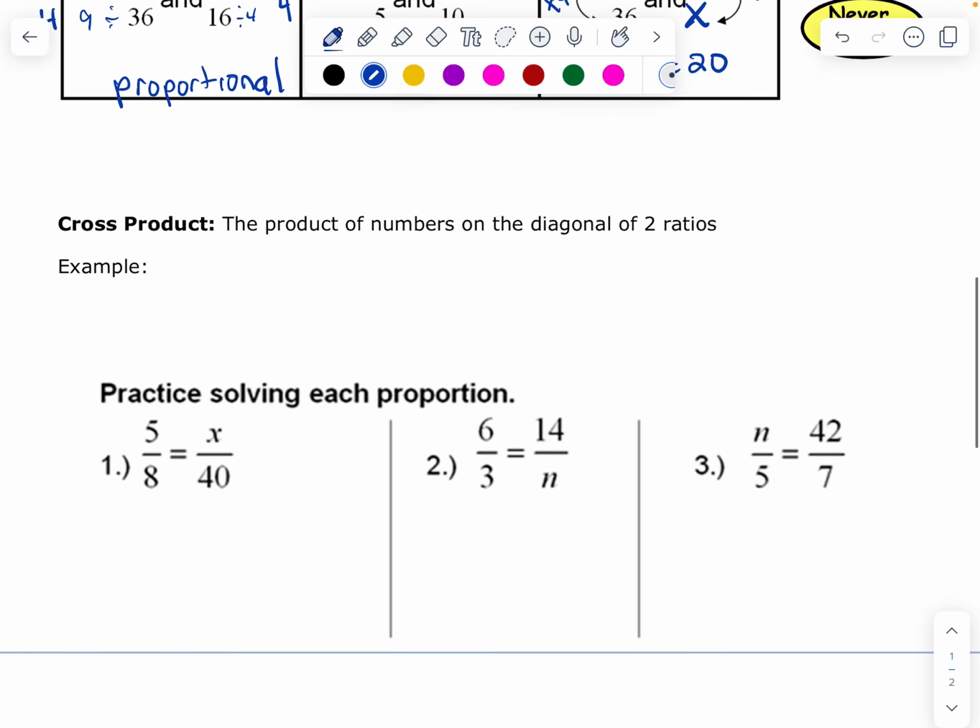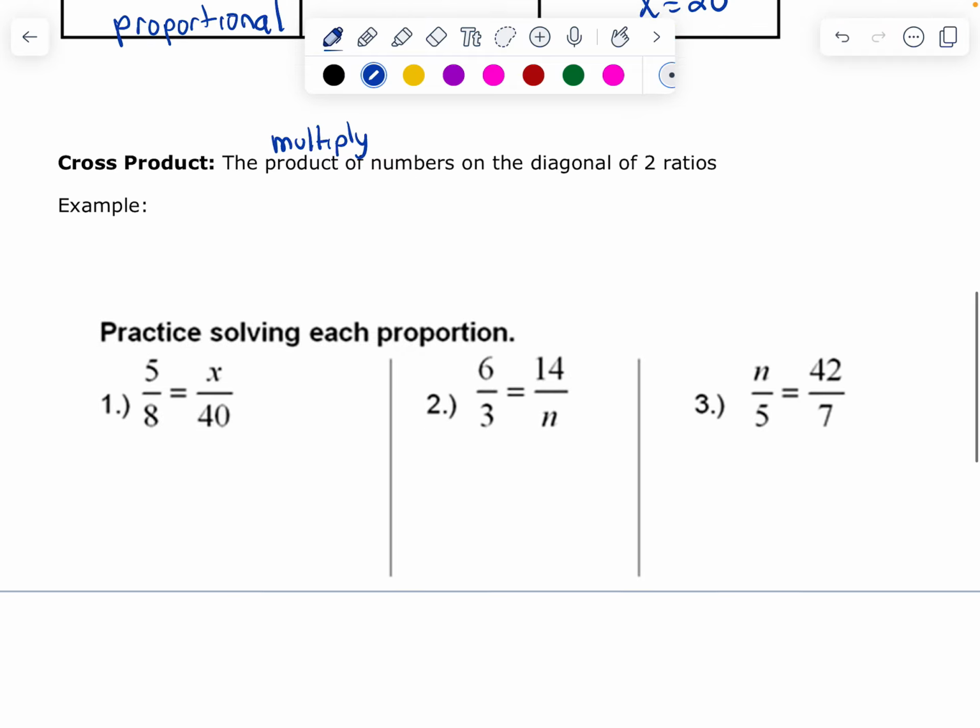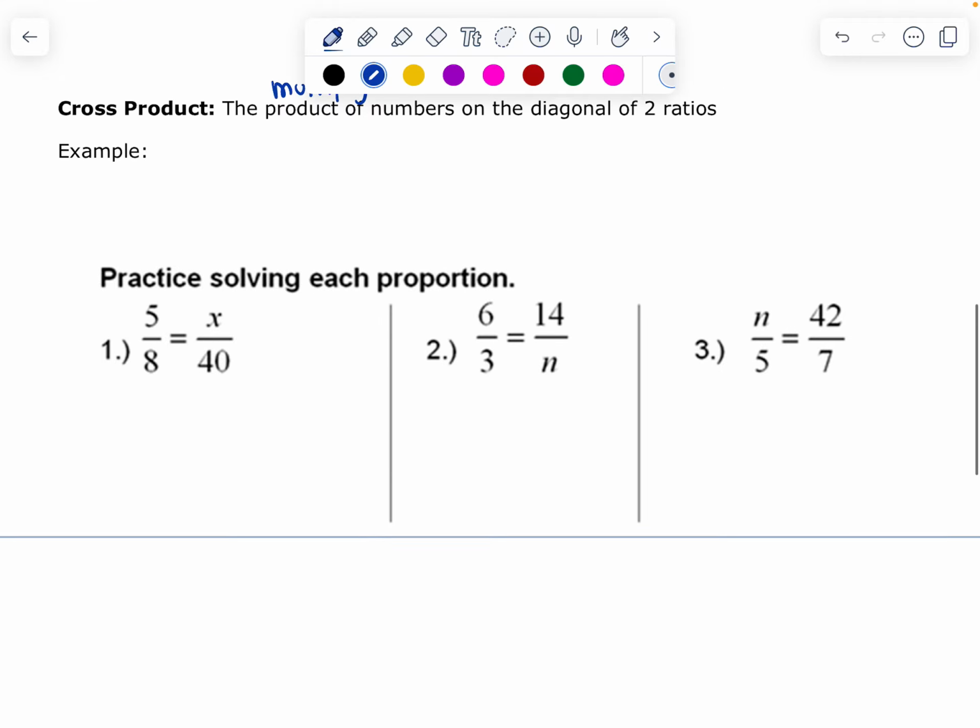Cross product. Product means multiply. So the product of numbers on the diagonal of 2 ratios. And here we have some examples.